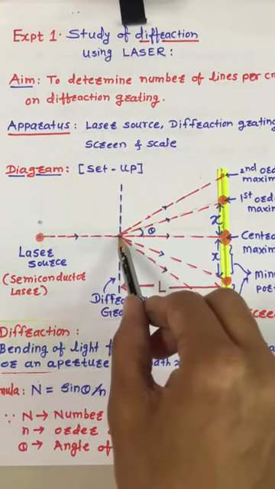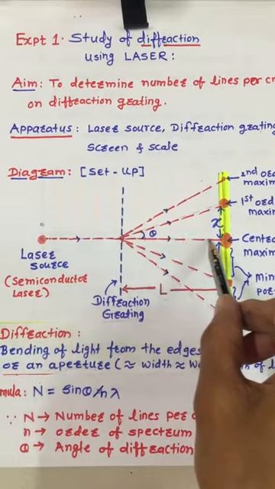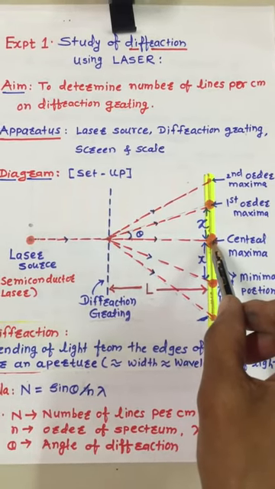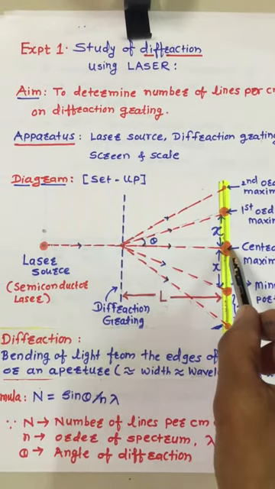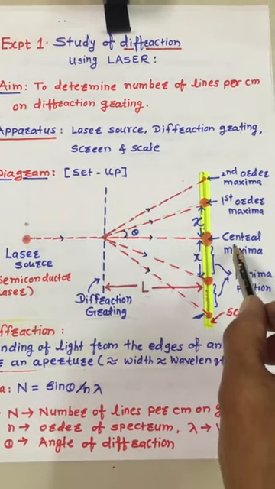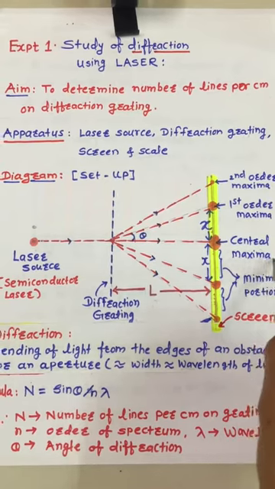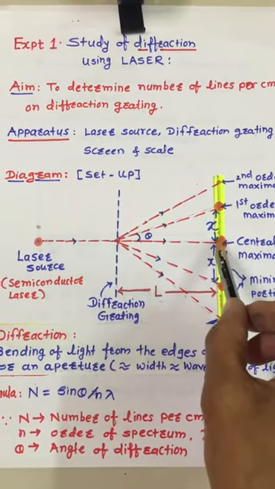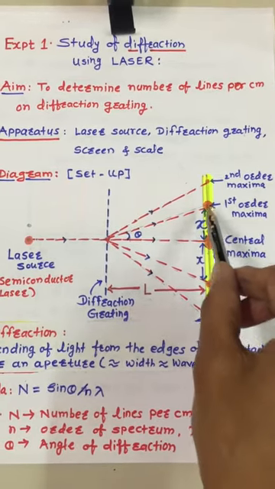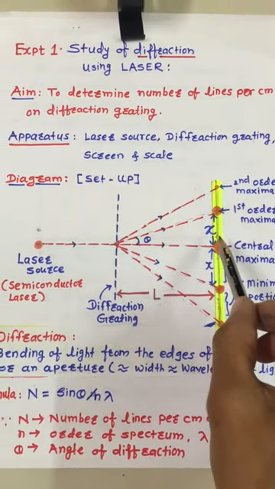The undiffracted, unbent light comes directly on the screen without any bending and produces a central bright spot. This central spot is called the central maxima or principal maxima. The intensity of this spot is maximum compared to the further spots.